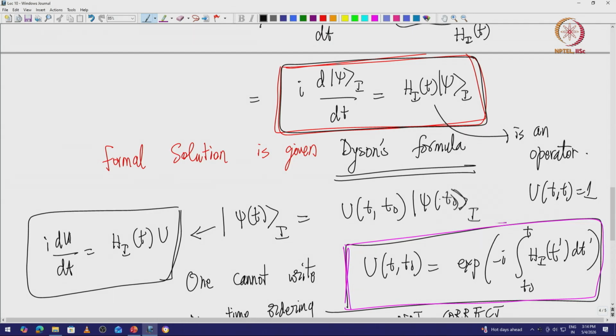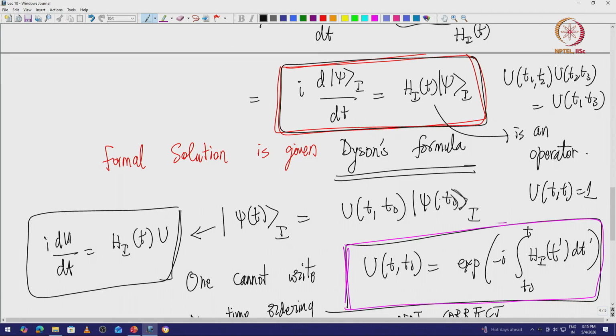You also have that if you have multiple slices, these slices should be in such a way that U t1 t2 times U t2 t3, maybe I will write it down separately, U t1 t2 times U t2 t3 is equivalent to U t1 t3.